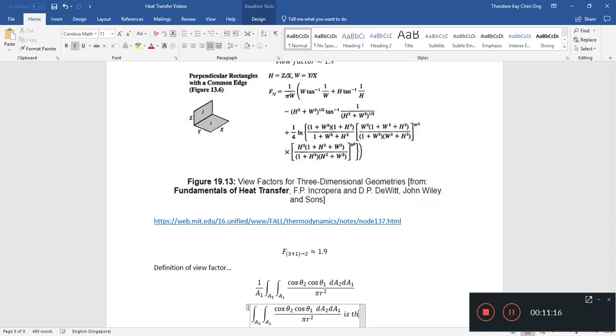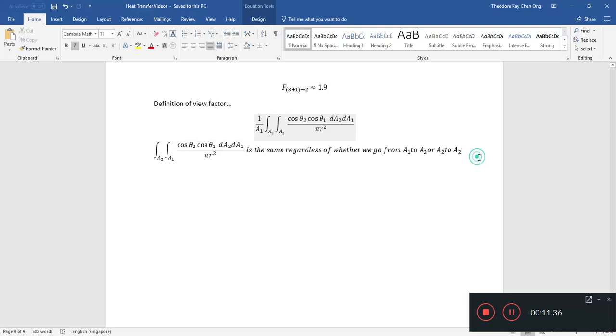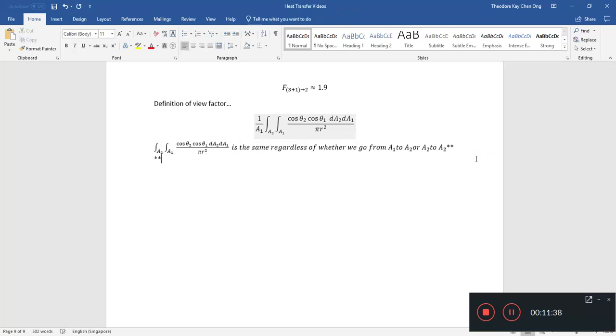This integral is the same, regardless of whether we go from A1 to A2 or A2 to A1. This is a very important thing we must know. So I'm going to highlight this.